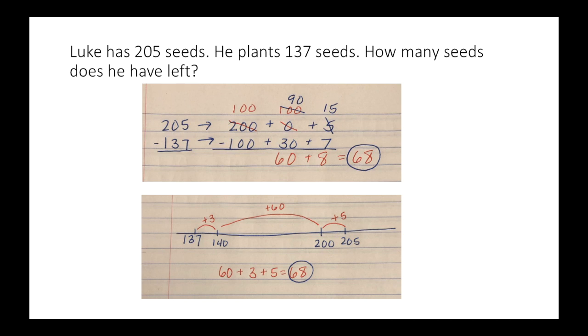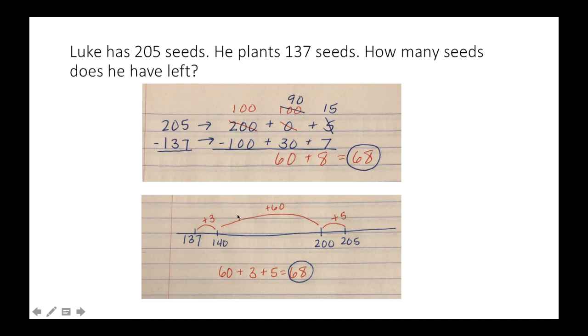So what I've done here is I've used an open number line, and I started with 137, and I'm going to count up to 205. I started at 137, and I made a jump to 140, because 140 is a friendly number for me. I knew that was a jump of 3, so I recorded 3 above my jump.